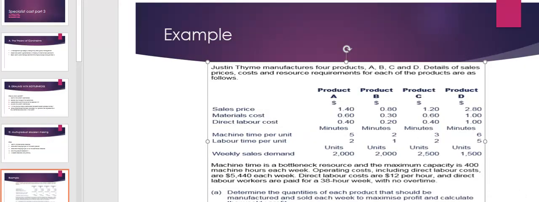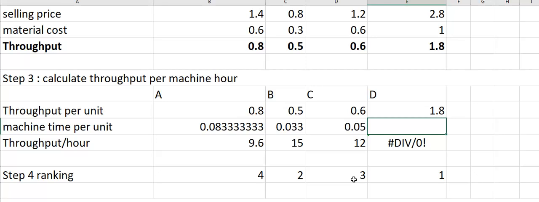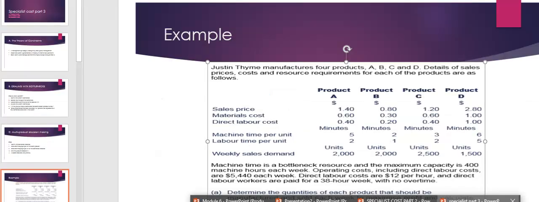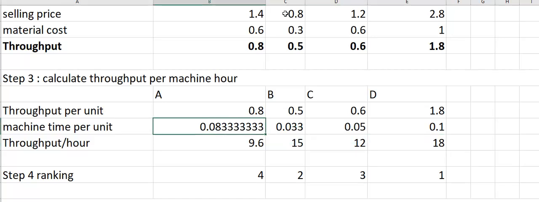So 3 divided by 60, 0.05. Finally D is 6 divided by 60, 0.1. We can leave it like that.